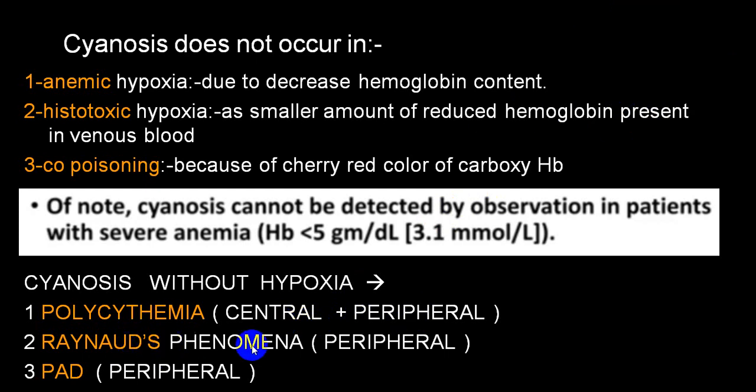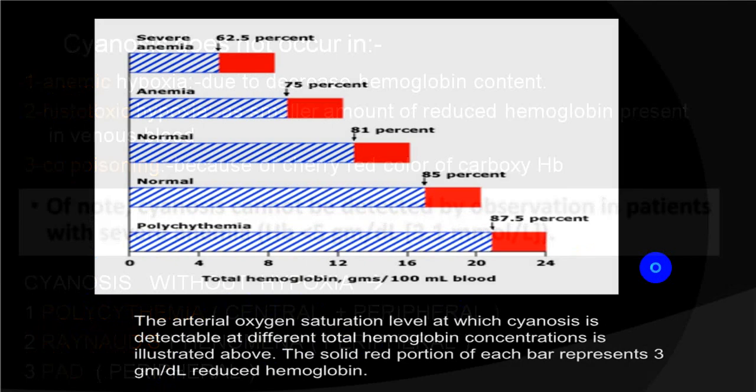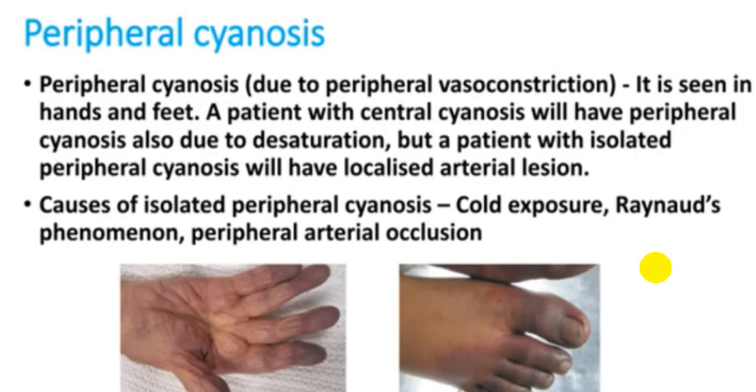In Raynaud's phenomenon, because of arterial spasm, there will be cyanosis. This will again be without hypoxia. As well as in peripheral arterial disease, there will be no hypoxia, but there will be peripheral cyanosis. So as we have mentioned, on cold exposure, Raynaud's phenomenon, and peripheral arterial occlusion, there will be peripheral cyanosis without hypoxia.